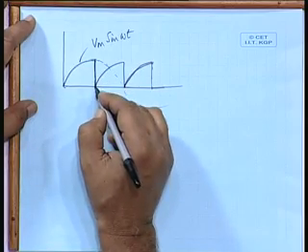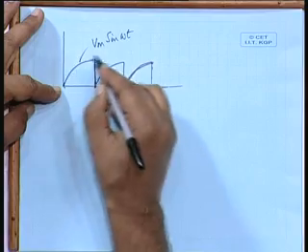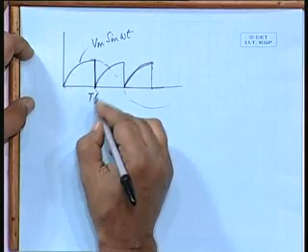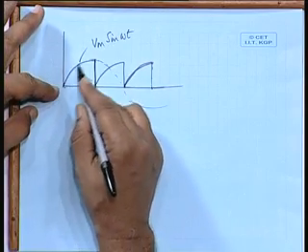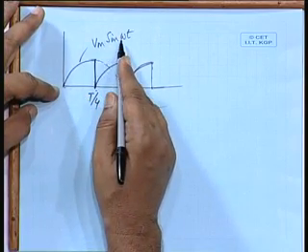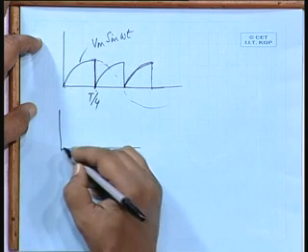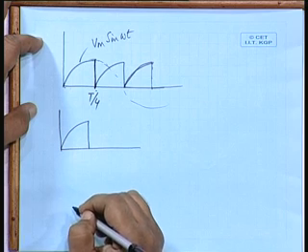Up to this is T by 4, 1/4 of the time period. So, up to this T by 4, whatever be the time, it will be following this. So, let us get the representation of this.